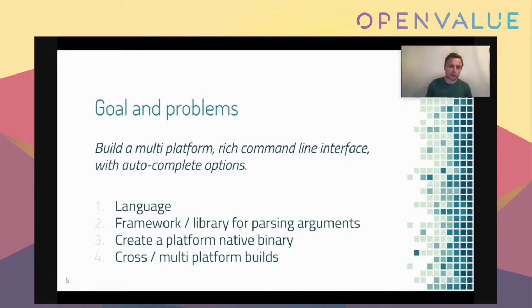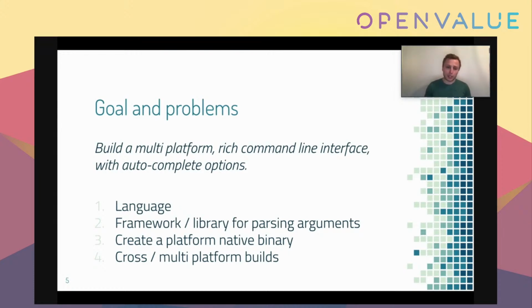So let me state the goal and the problems that we had here. The goal was to build a multi-platform rich command line interface with autocomplete options. And we faced the following problems. The first one was the language of choice. The second one was the framework or library that we were going to use for parsing arguments.